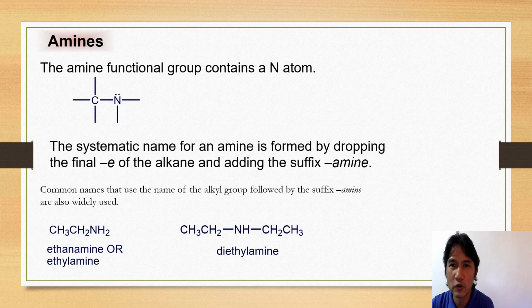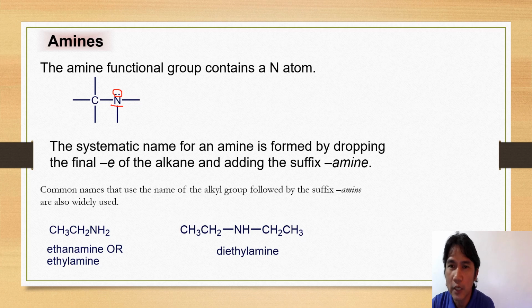So again, let's go back to amine. As I said, amines are functional group that contains nitrogen atom. Very important thing that you have to consider in amine is generally amines are basic due to the presence of a nitrogen with a lone pair of electron.